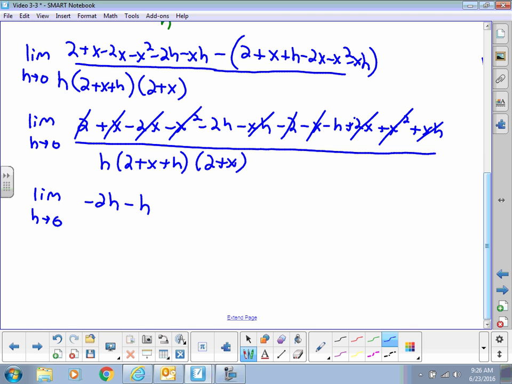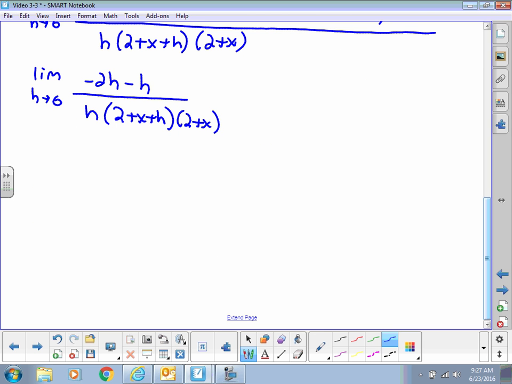We have a minus h in there as well. So actually, we'll do it in 2 steps, but we can combine those because they're like terms. So minus 2h minus h will give us minus 3h, really.